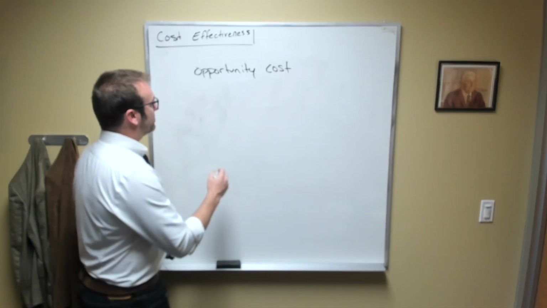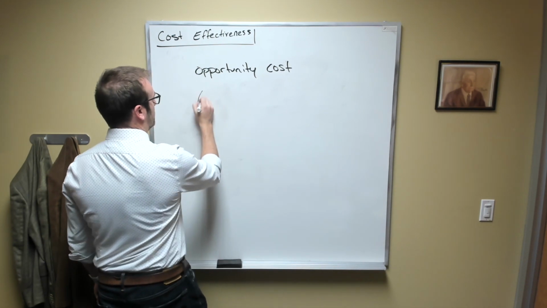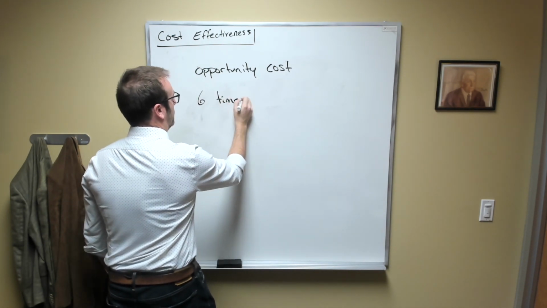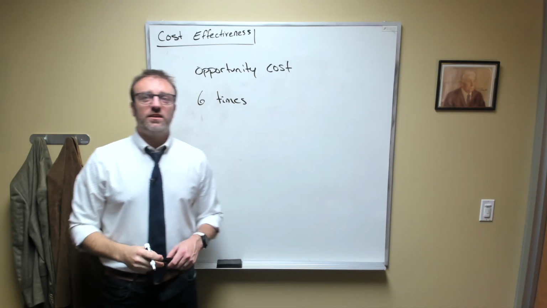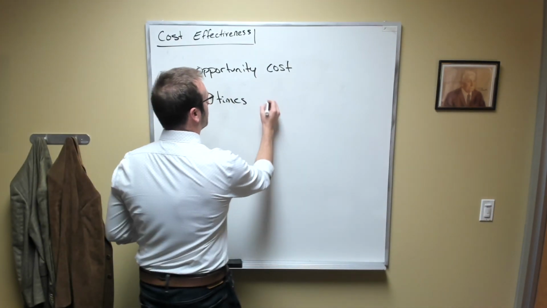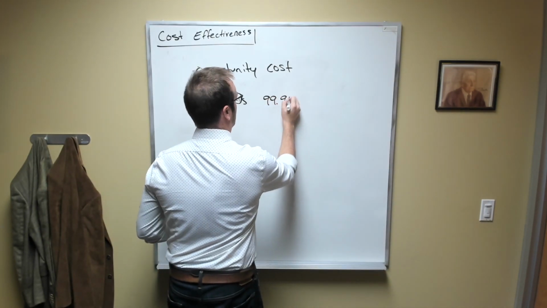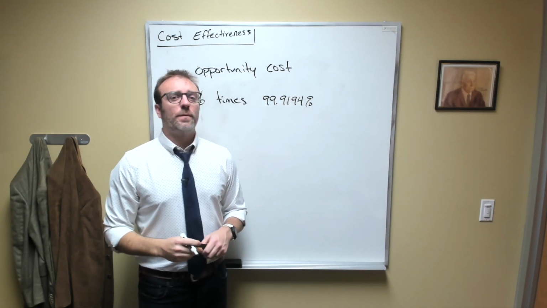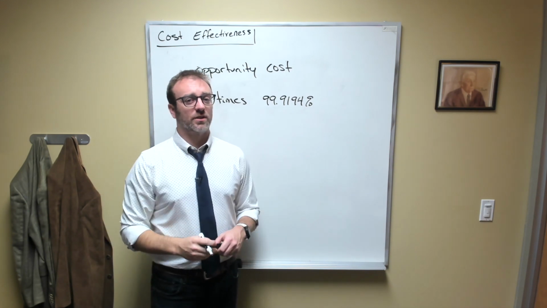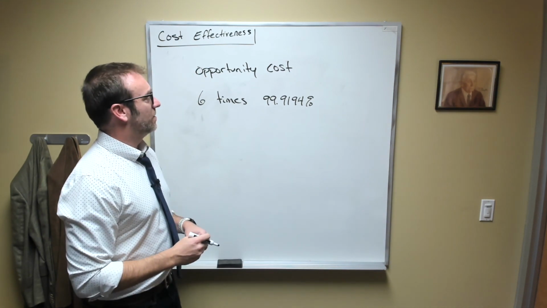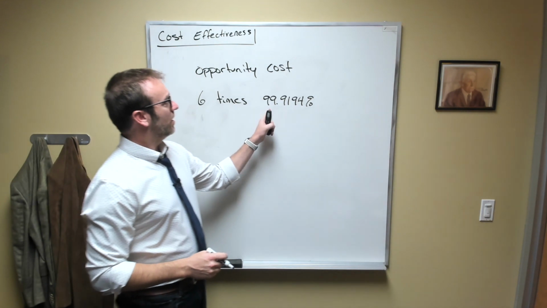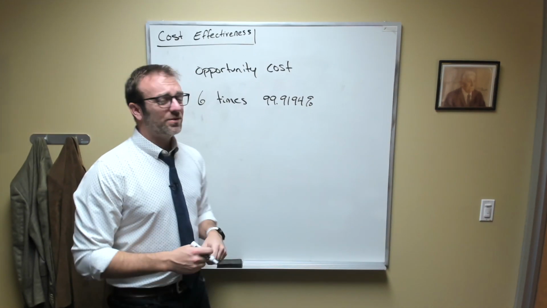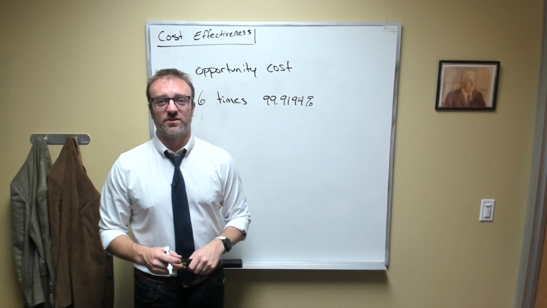Now, if you get tested 6 times, then you will have a 99.9194% accuracy rating. In other words, the probability of you having colon cancer and all 6 of the tests coming back negative is 100 minus this number, so it's less than 0.1%.